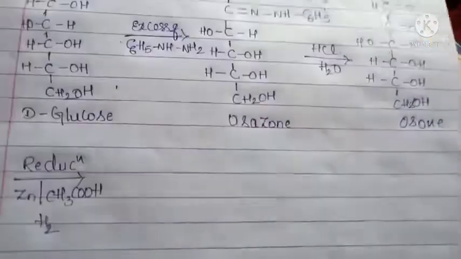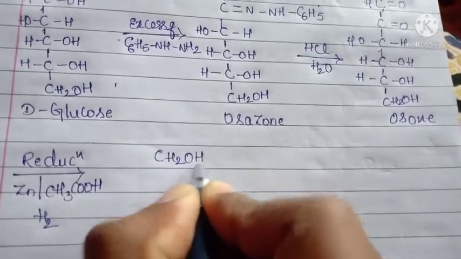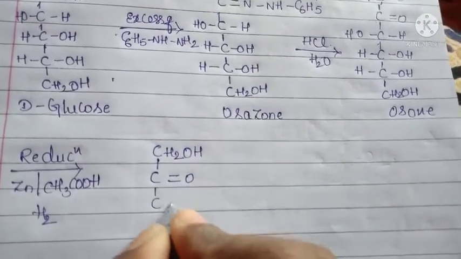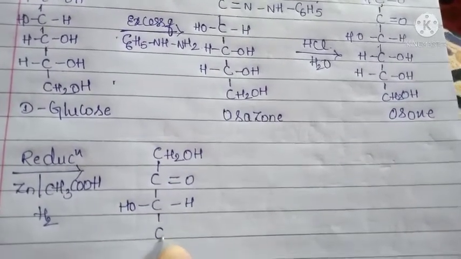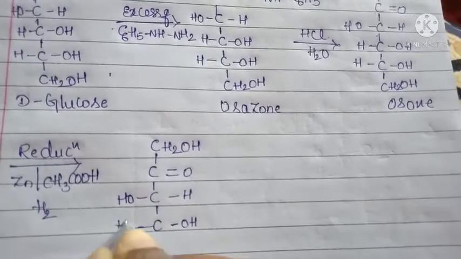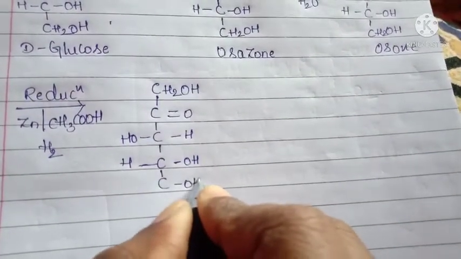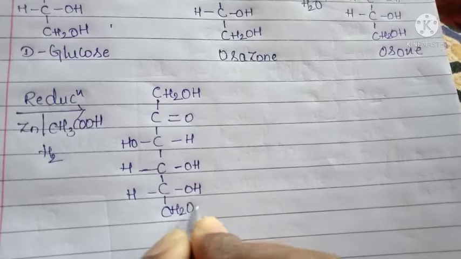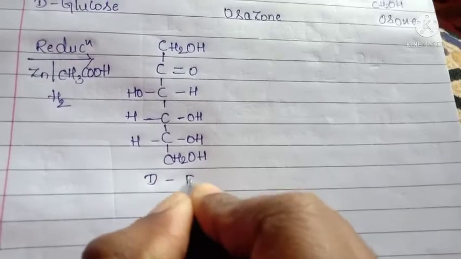Okay, and then the molecule is CH2OH, C double bond O, CHOH, CHOH, CHOH, CH2OH. So then this is the D-fructose.